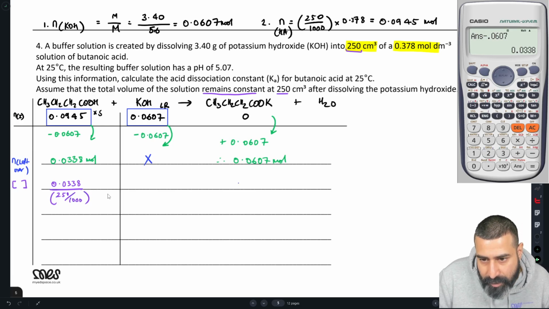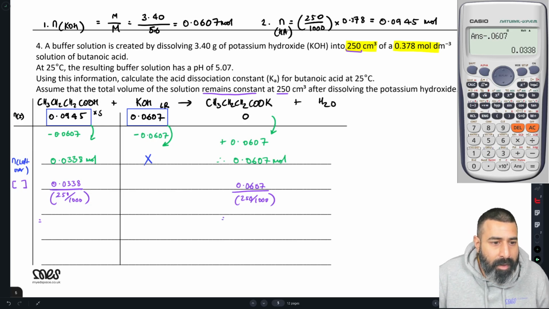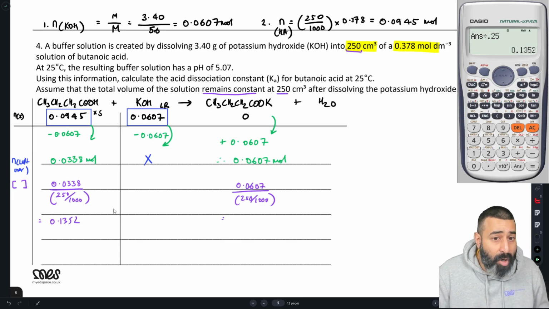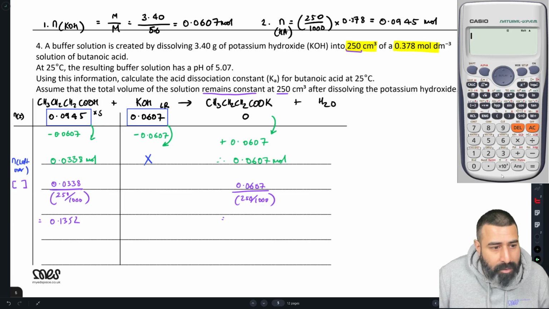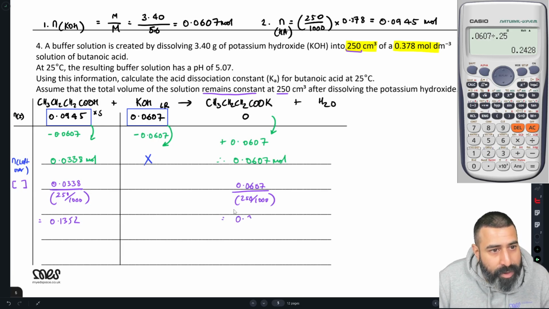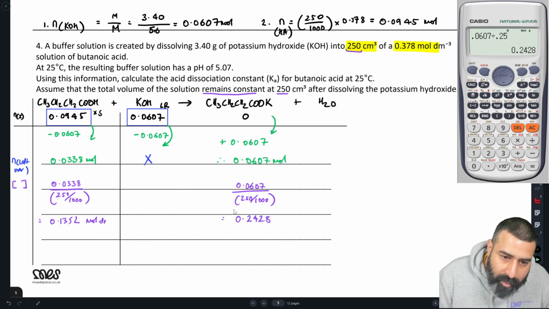So we're going to divide by 0.25 to get 0.1352 moles per decimeter cubed of the weak acid and 0.0607 divided by 0.25 to get 0.2428 as a concentration of the potassium salt.